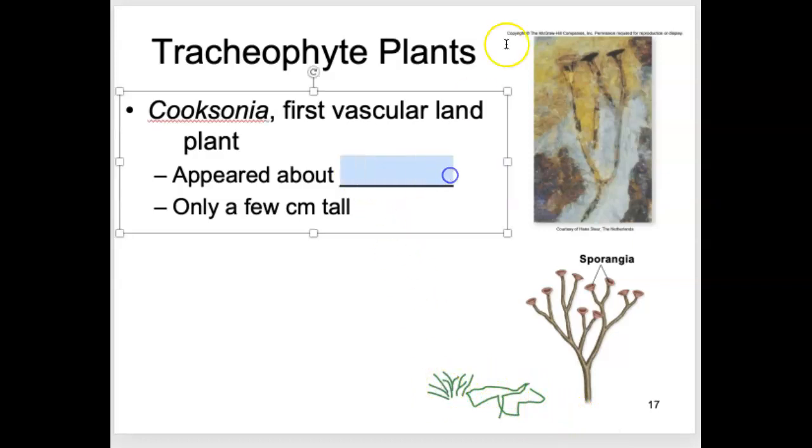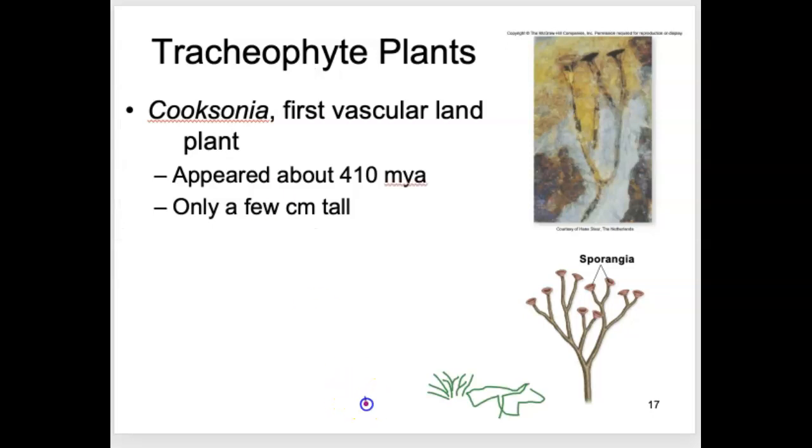So fossil evidence shows that the earliest vascular plant showed up about 410 million years ago. The earliest plant evolution was roughly 450 million years ago when plants evolved to terrestrial existence. So here's our 450 million year old groups, and then this new upstart 410 million years ago starts to get a little bit taller.